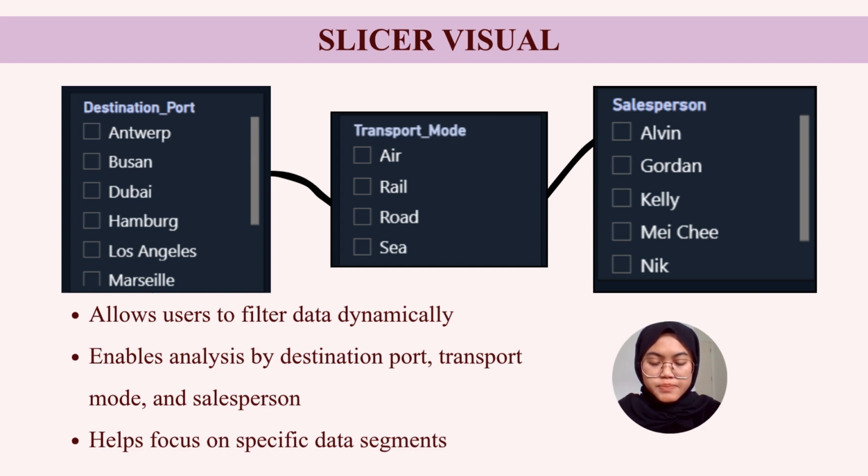Users can select specific categories to focus on certain shipment information and analyze the data in more detail. For example, users can filter only air transport shipments or view performance for a specific salesperson. This feature improves dashboard flexibility and helps users make faster and more accurate decisions. Next, I will pass to the next presenter.